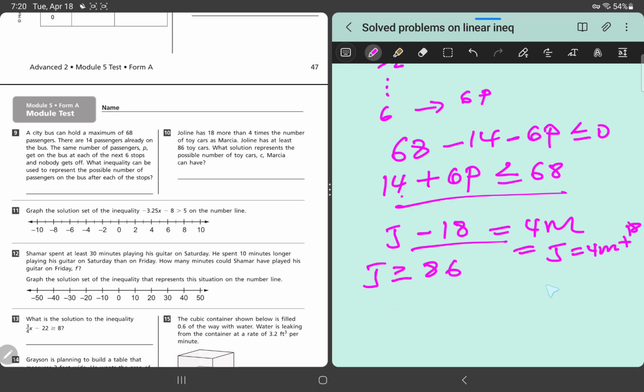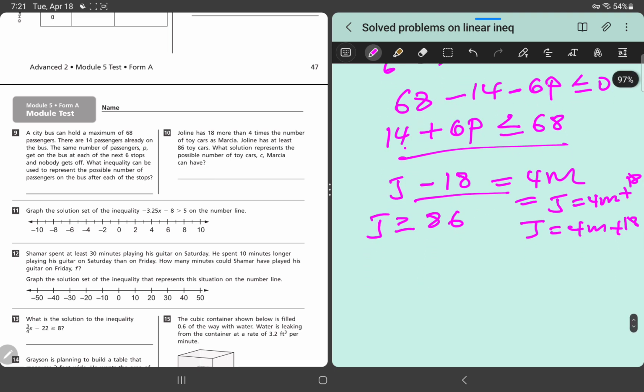So this is the expression for J. J has 4 times Marisha's plus 80, and this says the number of toys Jolene has is greater than or equal to 86. So we are going to use J is greater than or equal to 86, which means 4 times M plus 80 is greater than or equal to 86.